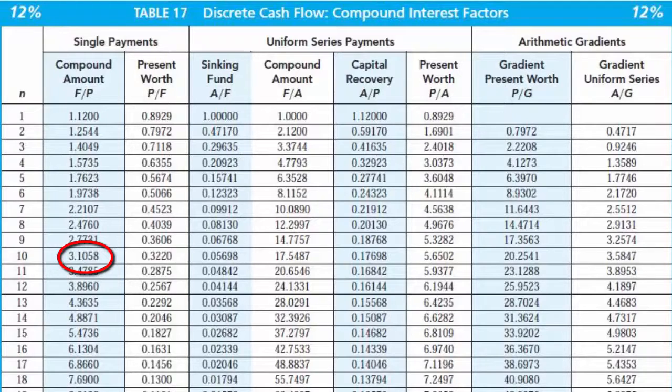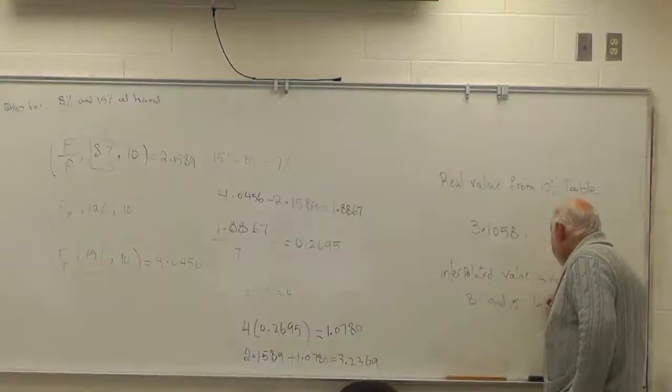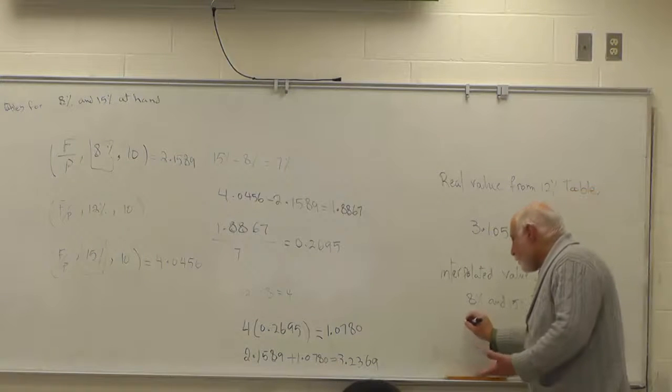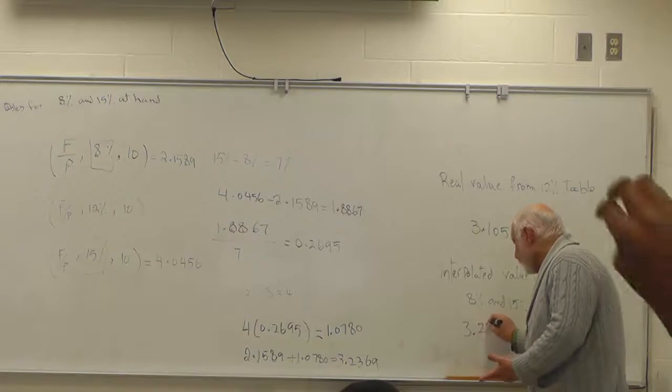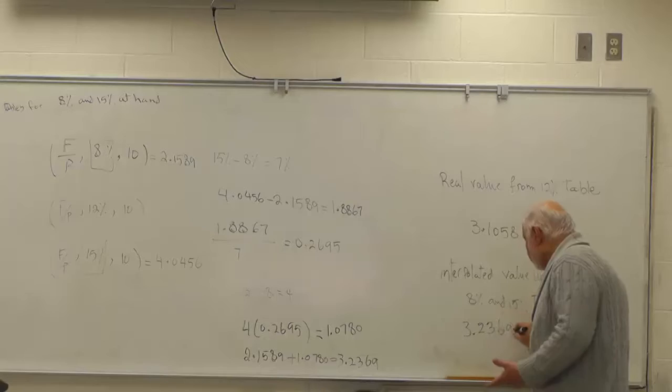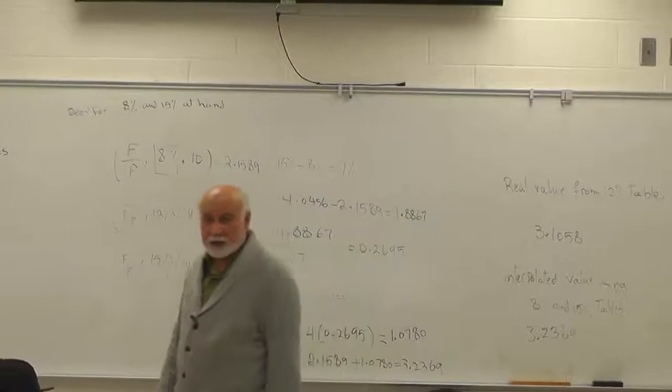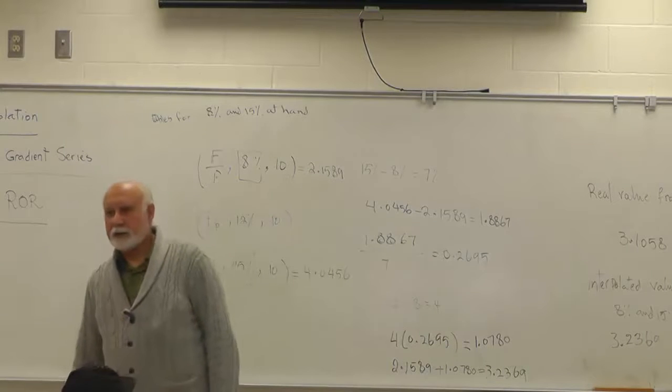The interpolated value using the 8% and 15% tables is 3.2369, which is close enough, but not exactly the right number.